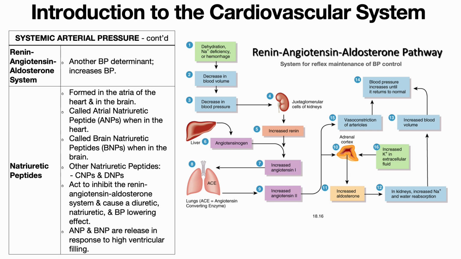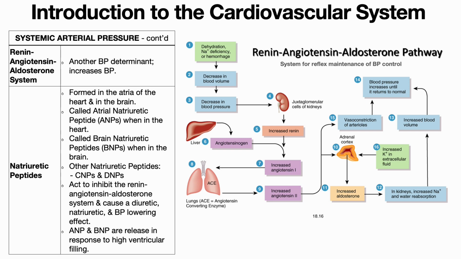The renin in number 6 will then be transported to the liver, converting angiotensinogen, a protein produced in the liver, to angiotensin 1, which is a hormone that raises BP in response to signals from the kidneys, thereby increasing angiotensin 1.